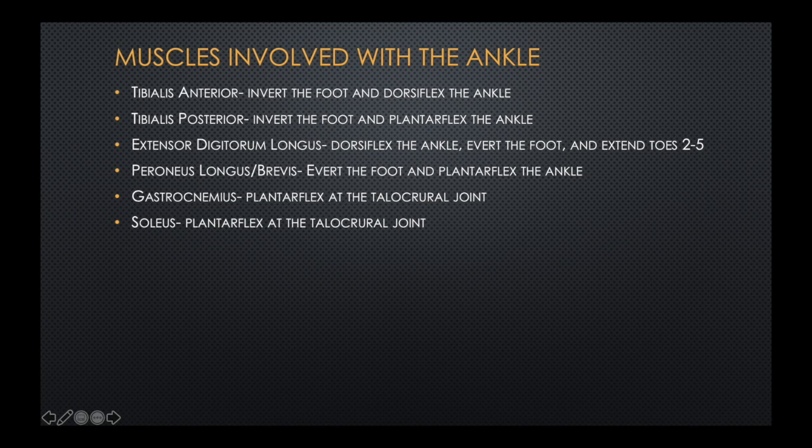I've ordered them from most affected to least affected by the mechanism of injury, and I've also included the actions associated with each muscle. So in my opinion, I believe to test for a syndesmotic ankle sprain, you include the tibialis anterior, posterior, the extensor digitorum longus, peroneus longus and brevis, tested as a group, the gastrocnemius, and the soleus.